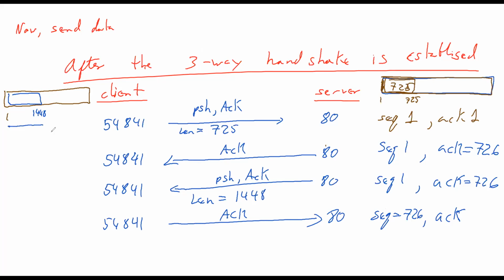So the next sequence number would be 1448 plus 1, so it's going to ACK 1449. Do you guys see that? Does that make sense, how the sequence numbers are going to increment?